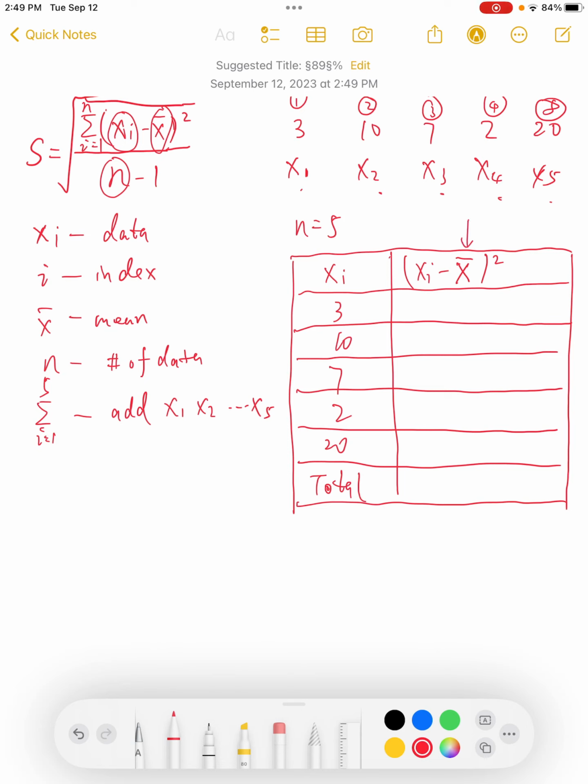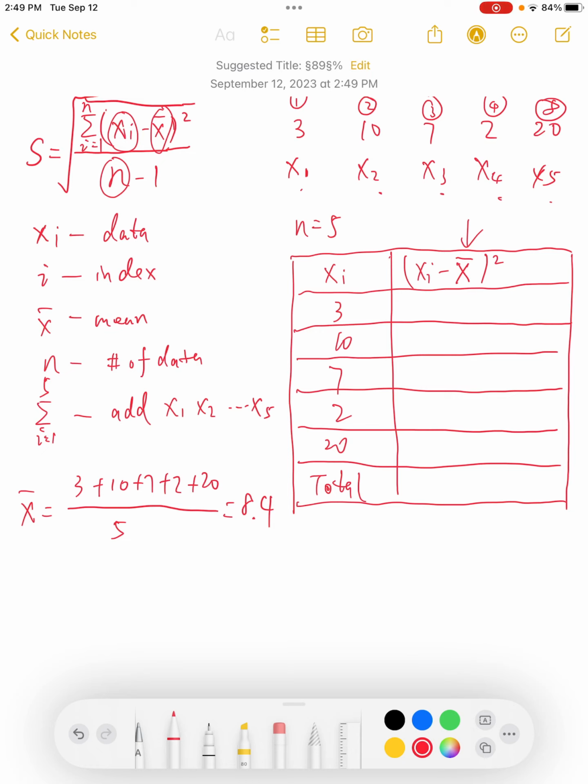In this formula, we want to know the mean, x bar, so let's find x bar first. We add all 5 data up, divided by the number of data in the data set, which is 5. We can easily calculate that it's 8.4.